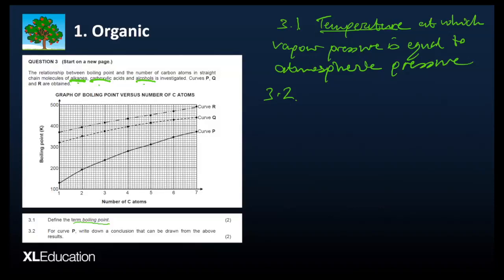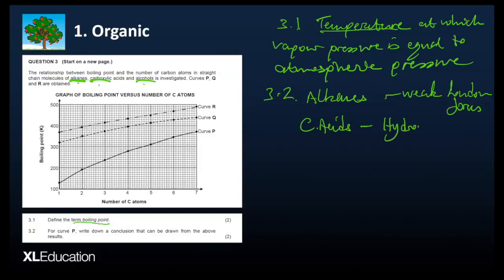Right. The type of forces that you find in alkanes is only the weak London forces. Then in carboxylic acids, we find hydrogen bonds.